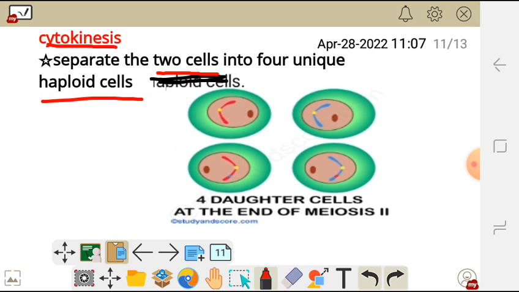Then Anaphase separates the chromatids, and under Telophase the nuclear membrane is formed around all these cells. Then cytokinesis separates the cytoplasm, forming 4 unique haploid daughter cells. Those are the stages of Meiosis 2.